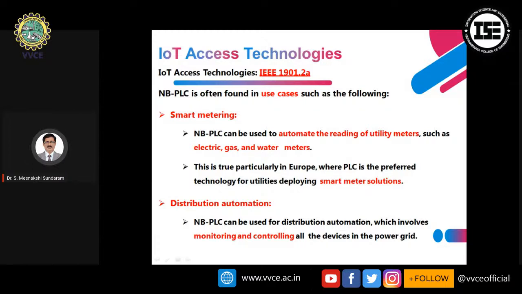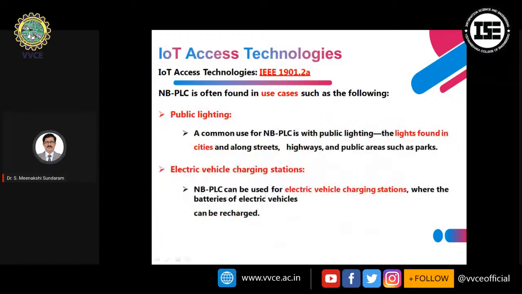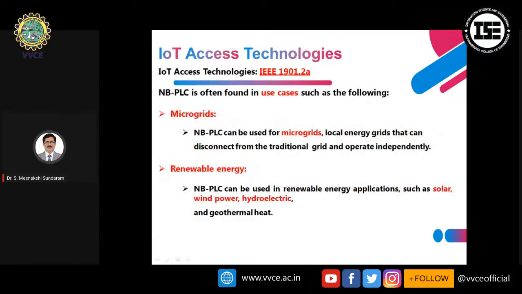Similarly, in distribution automation, NB PLC includes monitoring and controlling aspects. NB PLC is often used in public lighting and electric vehicle charging stations, where the batteries of electric vehicles are charged.